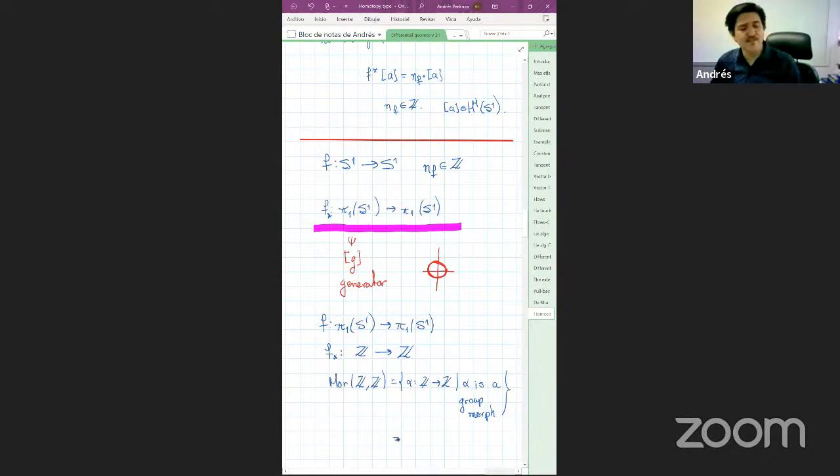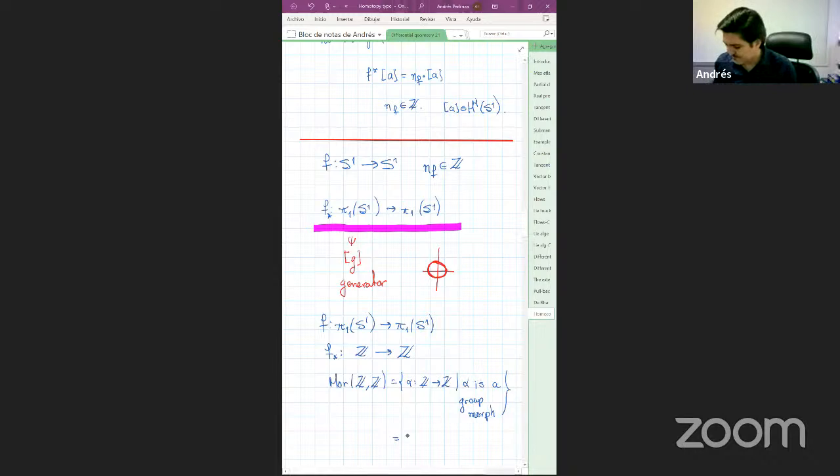The good thing is that the integers are cyclic. It's a cyclic group, so you have a generator. And in order to determine the set of all morphisms from a cyclic group, you only need to consider where you map the generator.